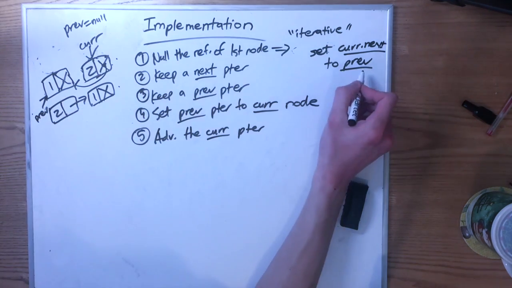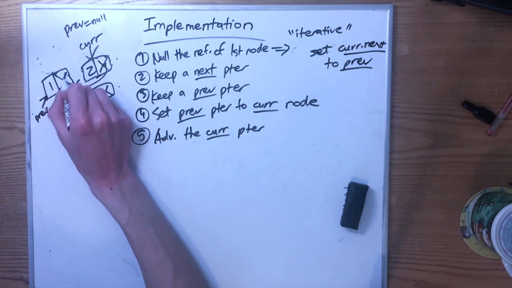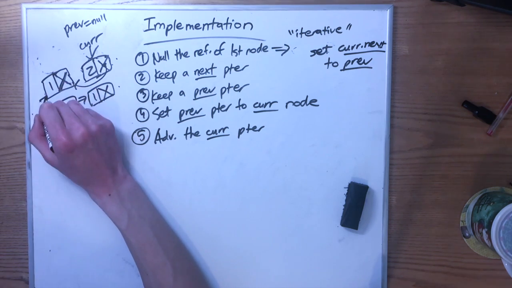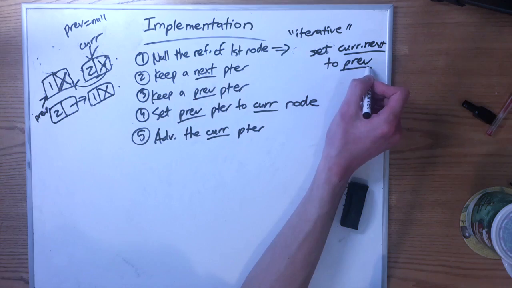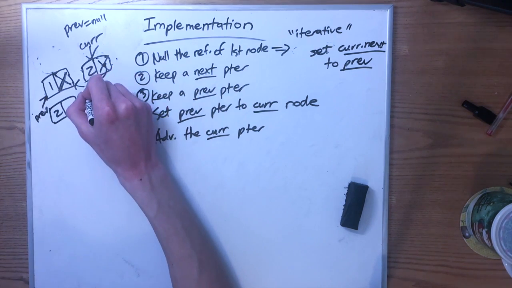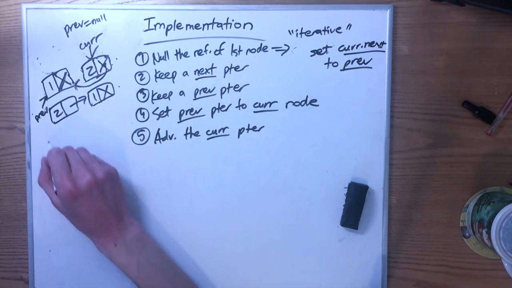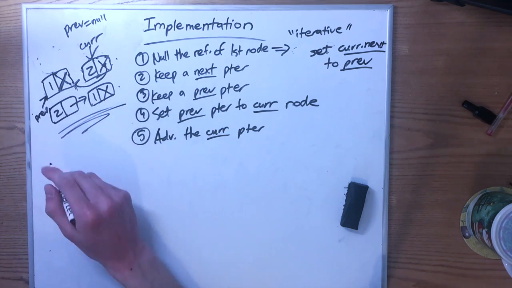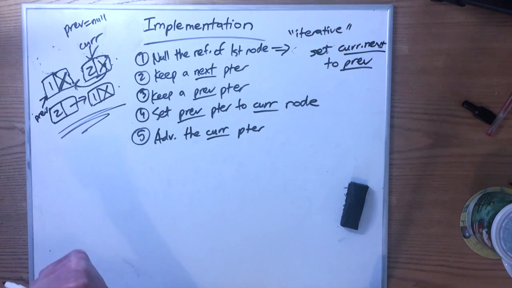So when we set cur.next to prev for the first node, this just became this x. But now that prev is pointing to this first node, when we set cur.next to prev, cur.next will instead point to this first node. And this gives us the structure that we wanted in the list that we want after we reverse this linked list. So everything looks like hunky-dory, things are going according to plan.